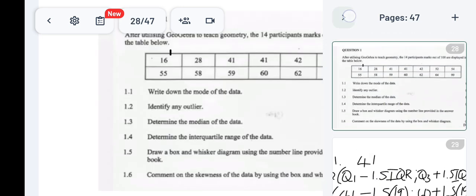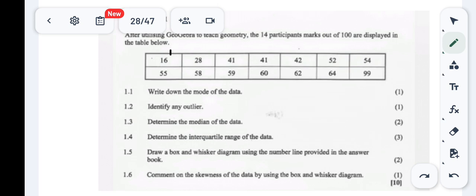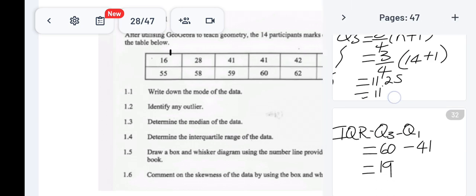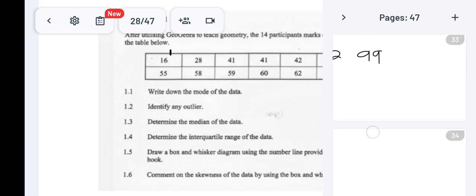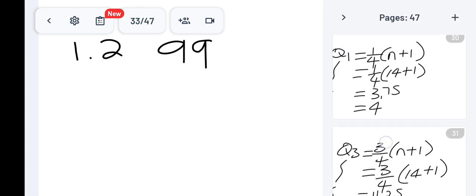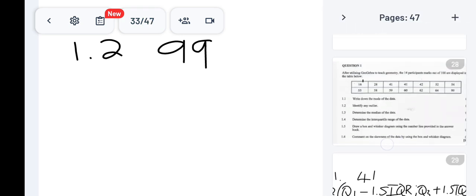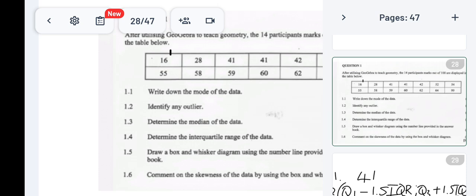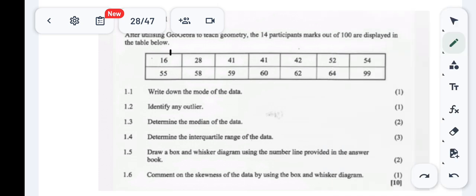And then determine the median of the data. We have 14 participants. Remember, 14 is an even number, so you can use two methods to determine the median. 14 divided by 2 is 7.